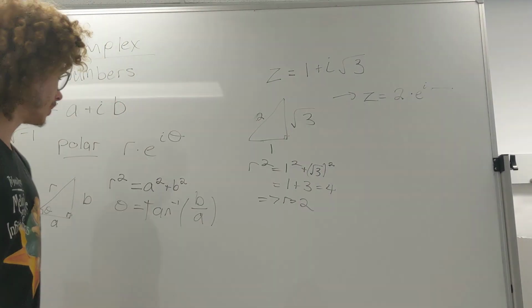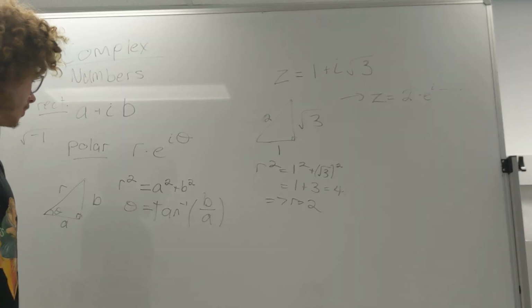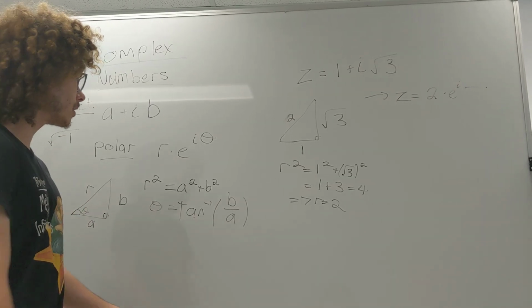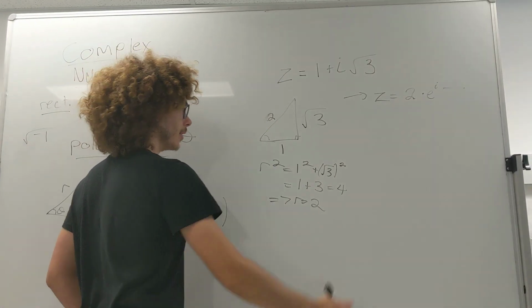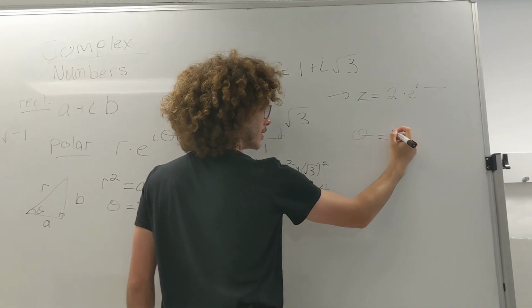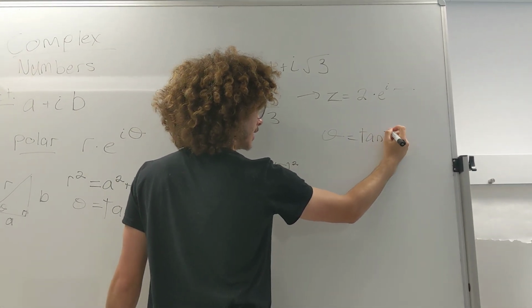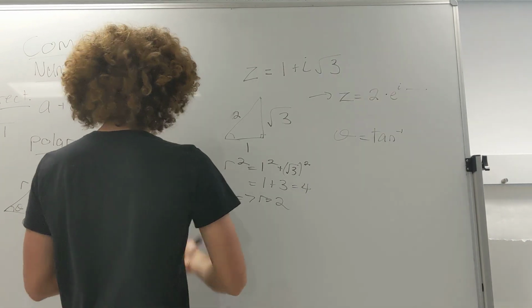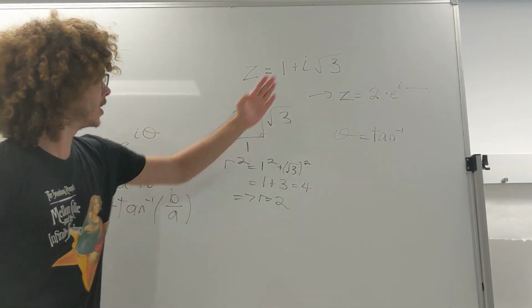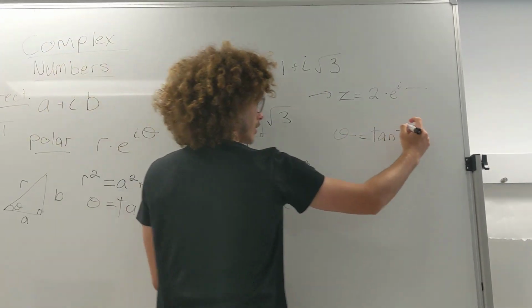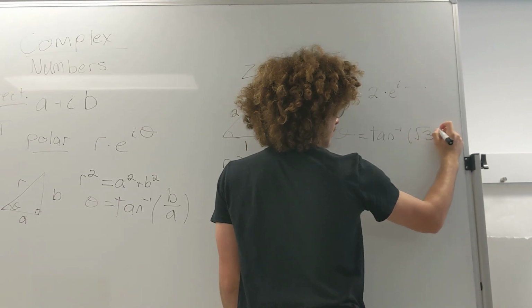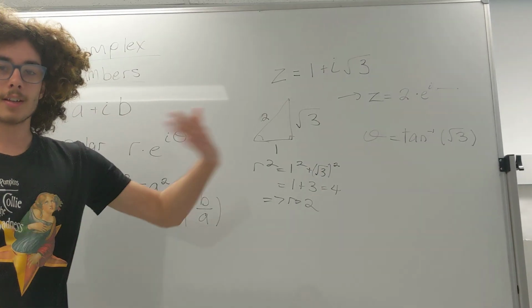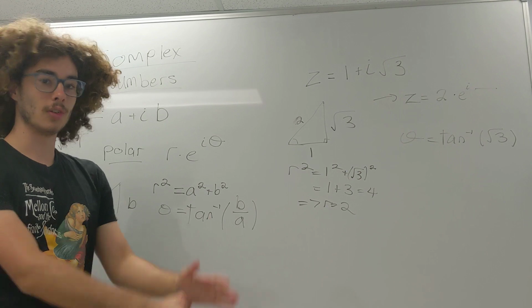Alright, so then we come back to our tan to find the angle in here. So theta is equal to arctan, tan^-1, of b over a, which is root 3 over 1, so arctan of root 3. This turns out to be a nice fraction of pi.